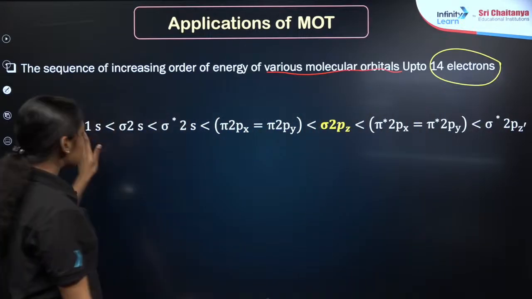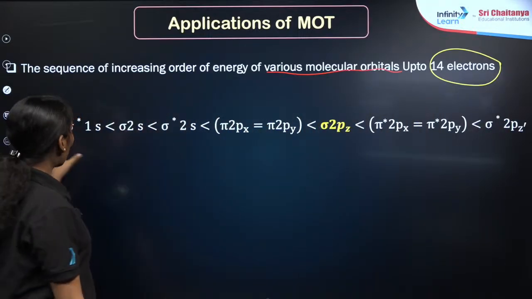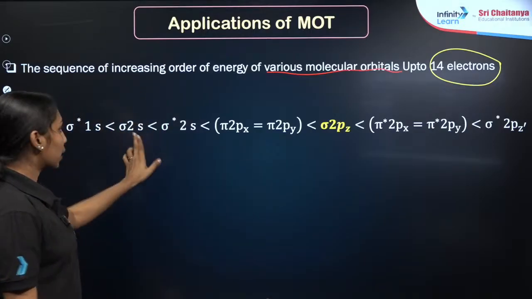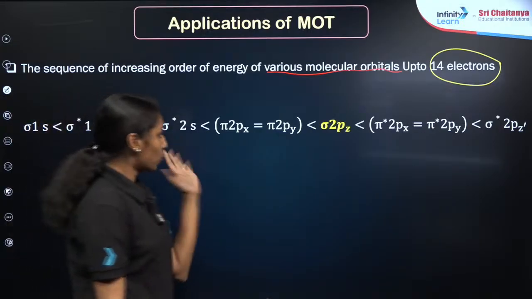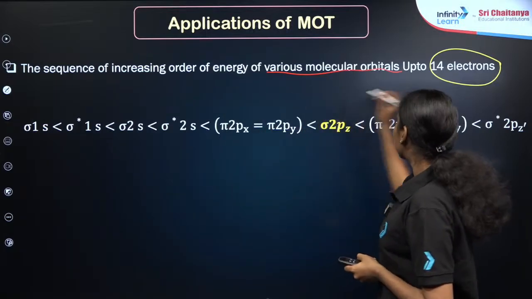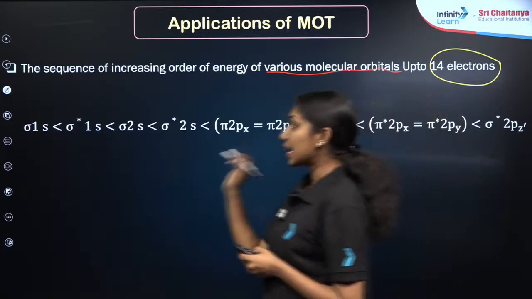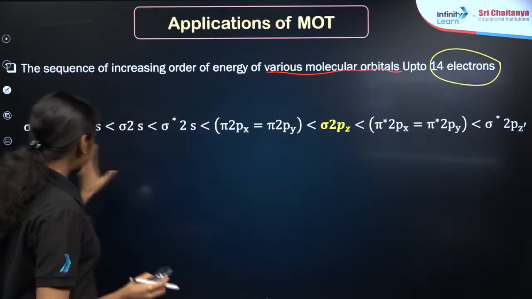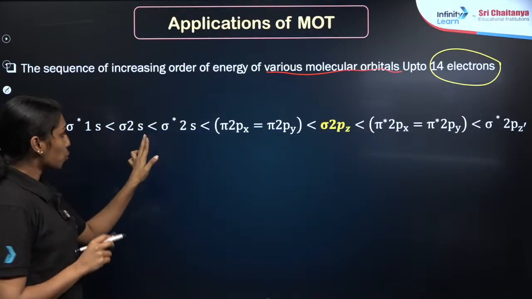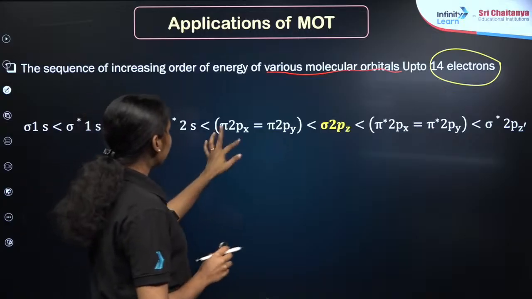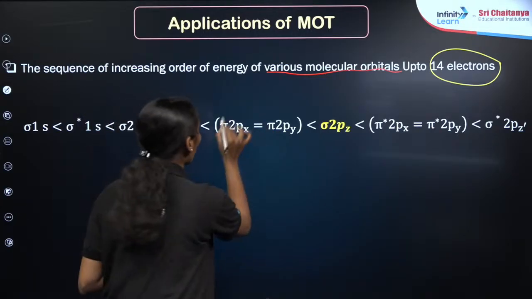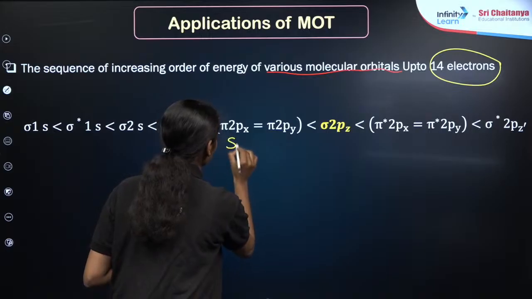These are the resulting molecular orbitals formed by the combination of atomic orbitals: sigma 1s, sigma star 1s, sigma 2s, sigma star 2s and so on. So, if you have 14 electrons, you will arrange the electrons in this order, right? First sigma 1s, then sigma star 1s, sigma 2s, sigma star 2s, then pi 2px equal to pi 2py, which means these two orbitals always have similar energy, right?